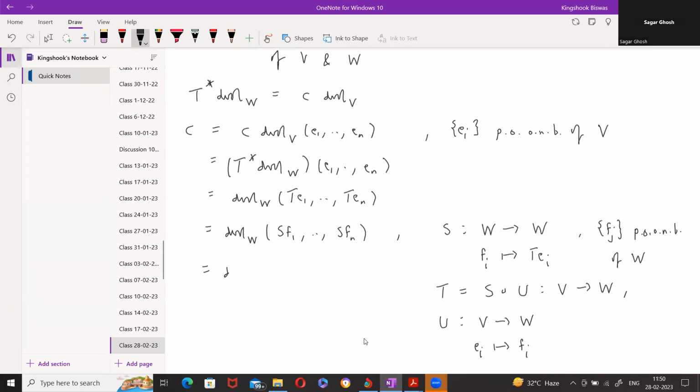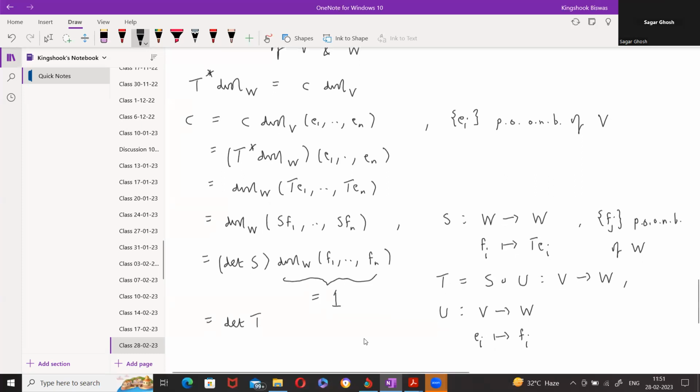This will become determinant S times dvol_W of (F1, ..., Fn). And since Fj is a positively oriented orthonormal basis, by definition of the volume form on W, this is 1. So this is determinant of S, and determinant of S will be the same as determinant of T.